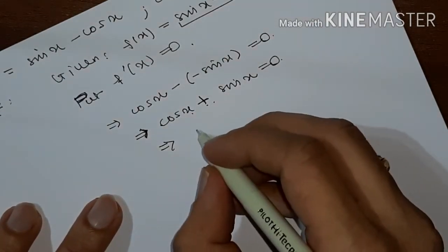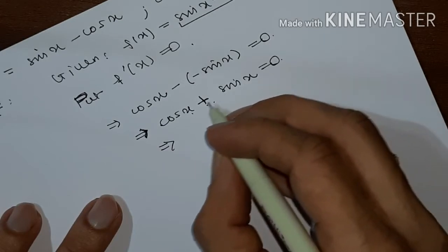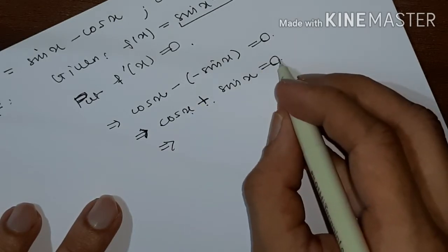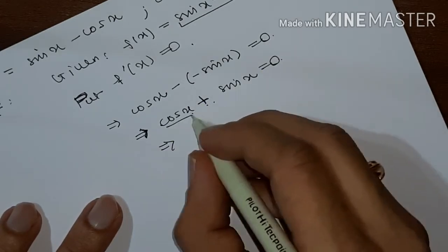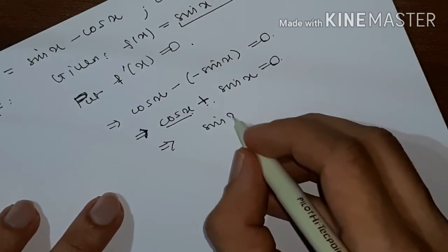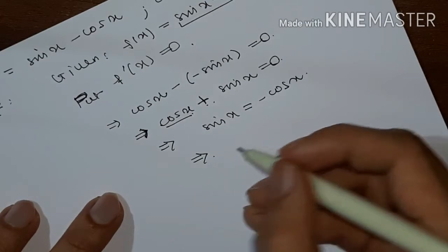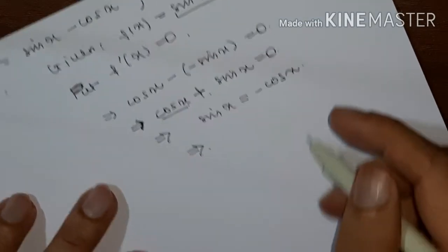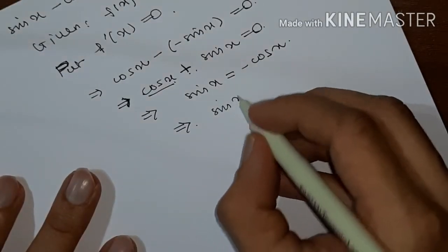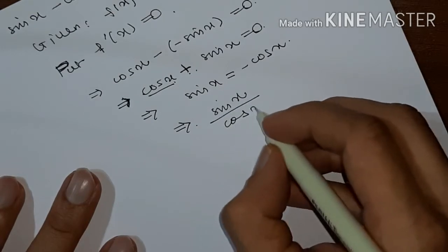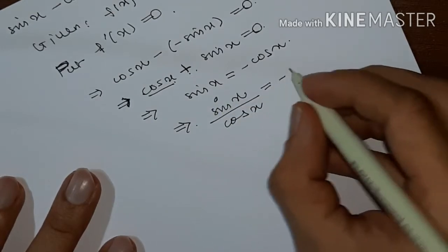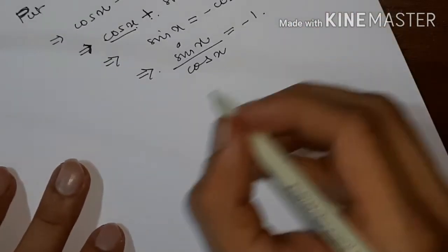Now after this, what you do is you take minus cos x on the other side. So what you will get? Sin x equal to minus cos x, okay. Then you divide by cos x on both sides. So what you will get is sin x divided by cos x, right, equal to minus 1, okay.